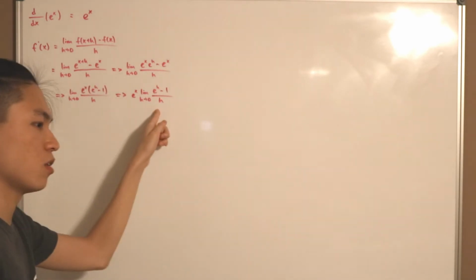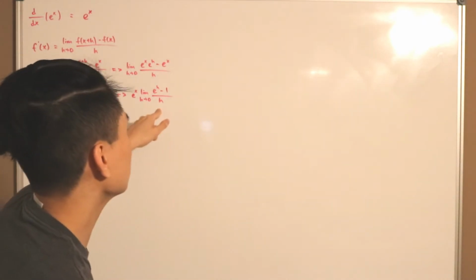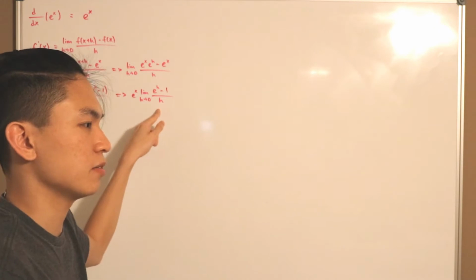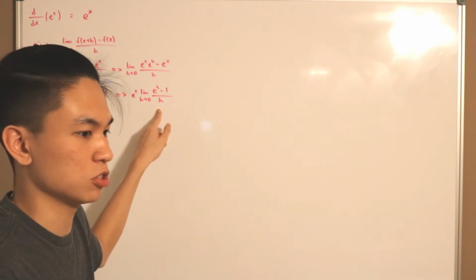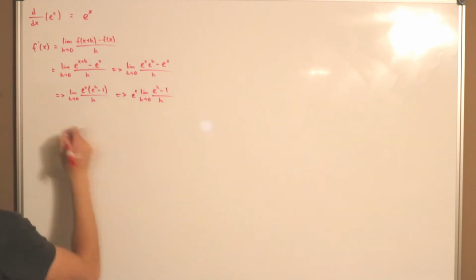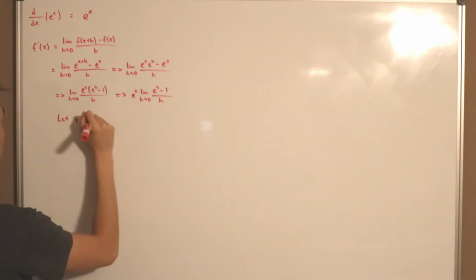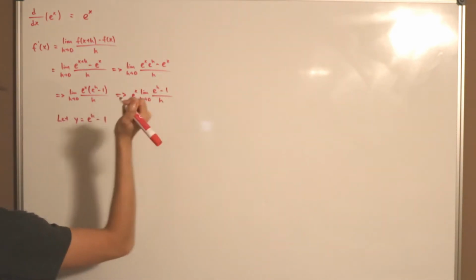Now, if you recall from the last video I did with the natural logs, we're going to be doing a similar method by using substitution. So let's define y equals the numerator, e to the h minus 1.